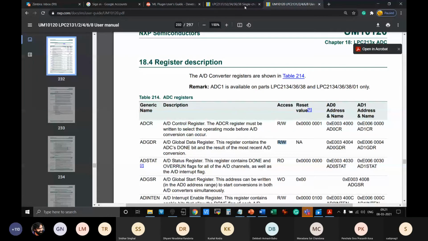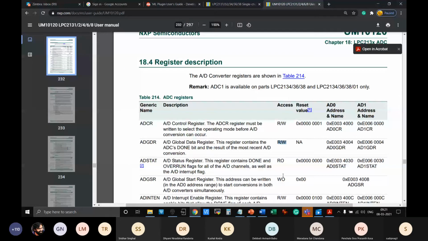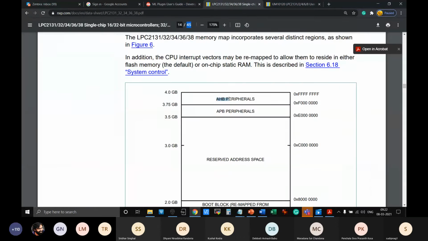You can write to this register under normal mode, but if you want to read this register, it is not directly allowed through the APB channel. It will be allowed through the embedded trace channel, which is controlled by AHB peripherals, the advanced high performance bus peripherals, where high-speed data communication can happen without disturbing the normal operation of the microcontroller.